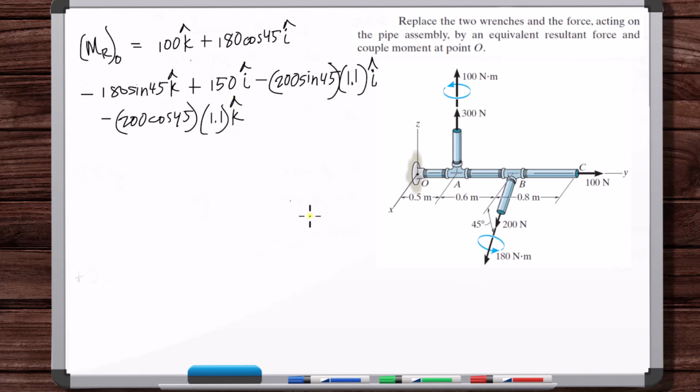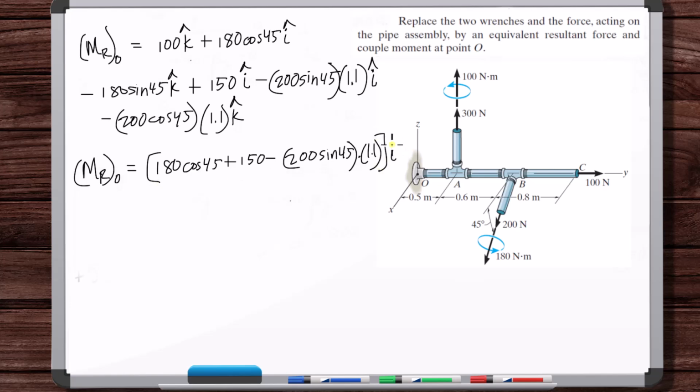And there you go. This is the couple moment, the net resultant couple moment from these two wrenches and this force about point O. This force creates no moment about point O. So we've got, for i hat, 180 cosine of 45 plus 150 minus 200 sine of 45 times 1.1.